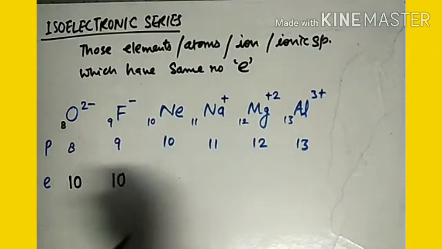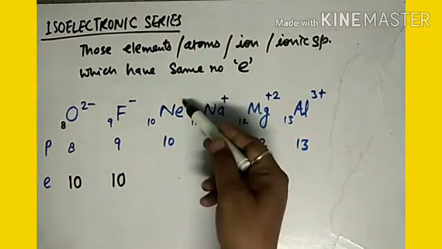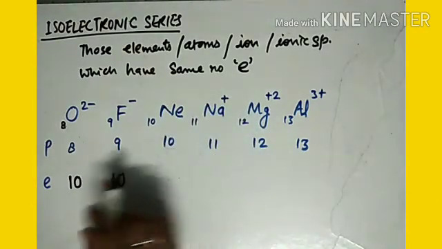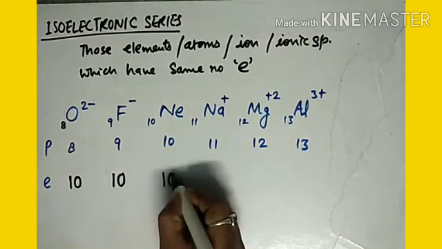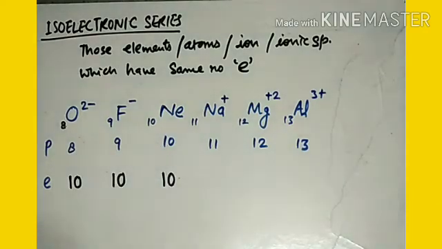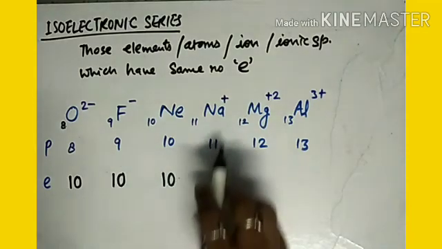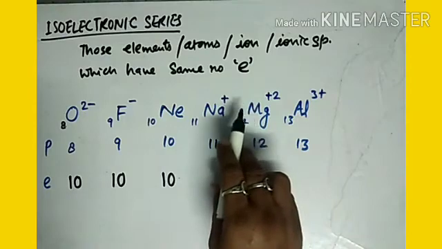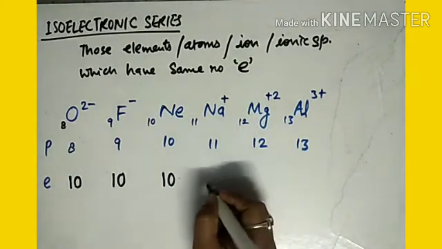Well, in the next case we have neon. There is no charge. That means the number of protons and the number of electrons are equal, so it will be 10. As far as Na plus is concerned, 1 electron is removed from its outermost shell, so the electrons remaining here are 10.